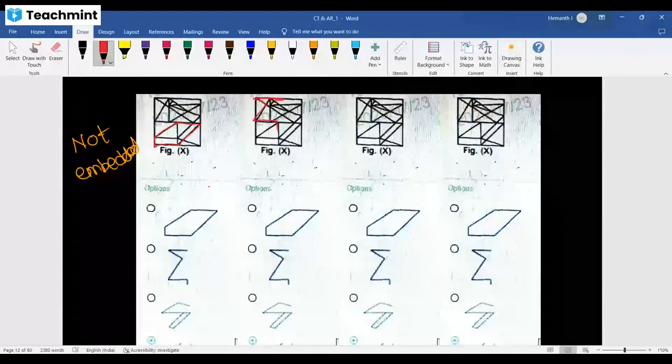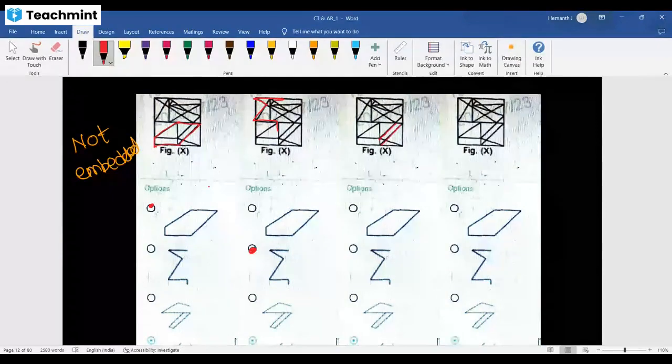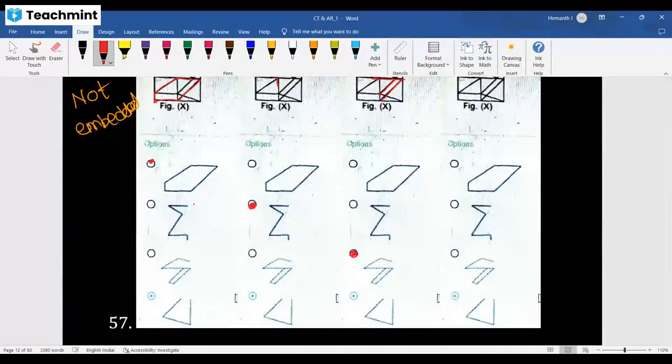This is available. Second one available, first one available. What about this one, sir? That will also be here. You see, this is also available. So option D is actually not available. This shape is not available. The answer is D. Apart from that, all the remaining are available in the question.